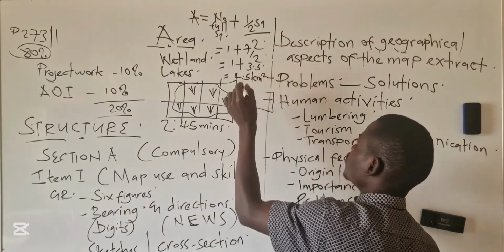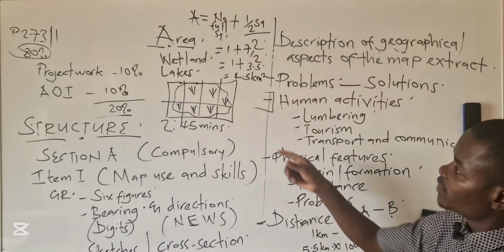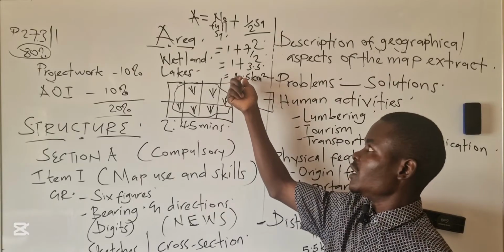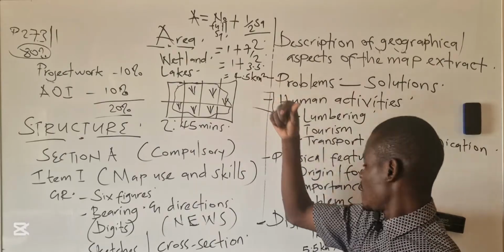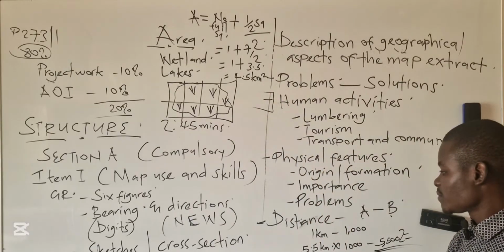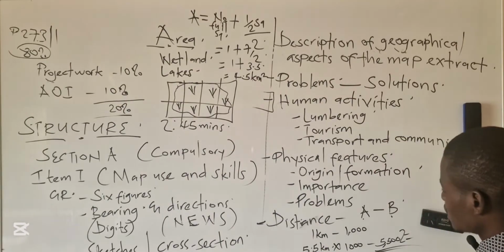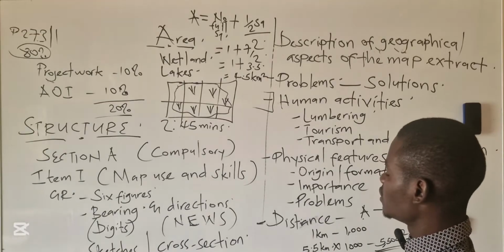Now the difference between area and distance. For the case of area, the units will be in kilometers squared because this is area. For the case of kilometers, since this is just a linear distance, maybe a distance covered by a road or a river, we just put kilometers.